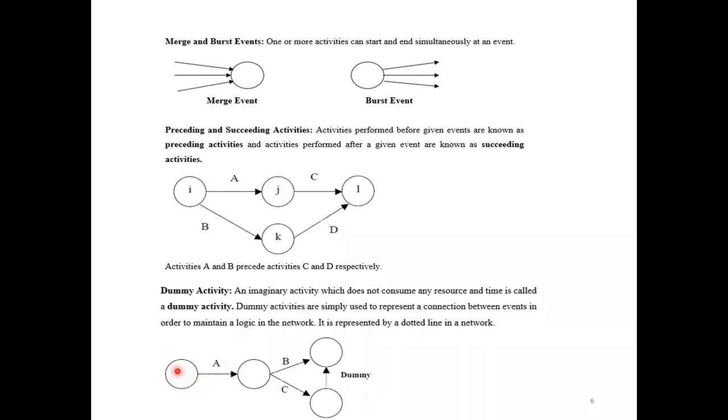So in this case, you see, the first event starts, and activity A starts. Once A is completed, B and C start parallelly. So it's a burst event.